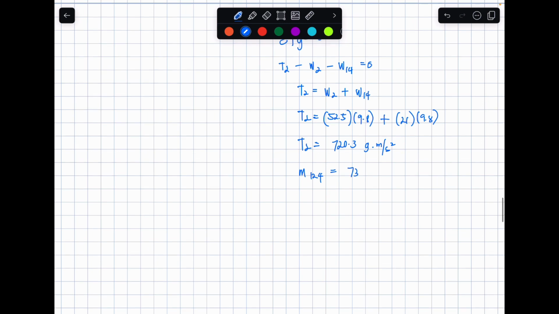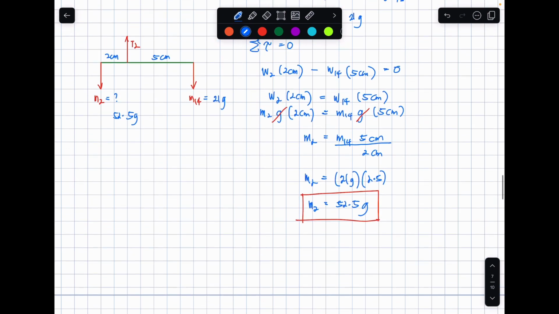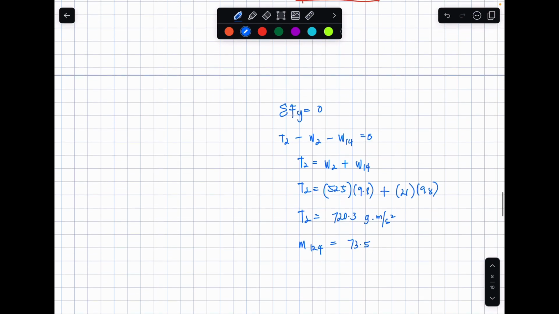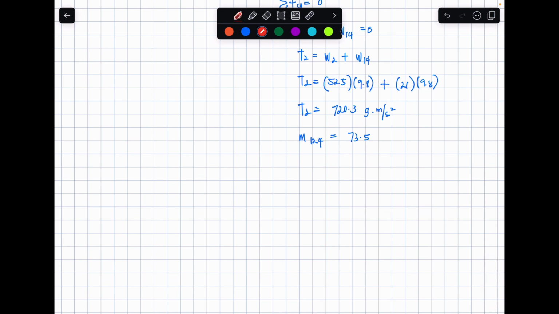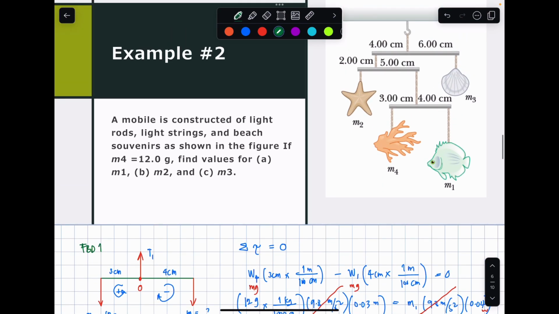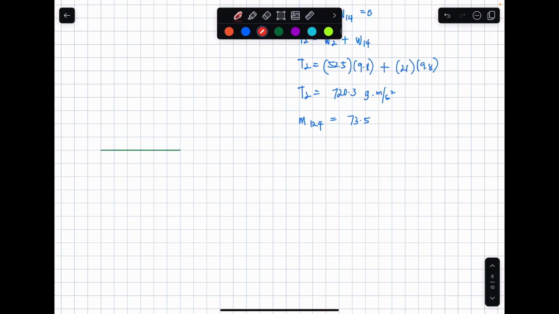So that is 73.5. So the mass 1 to 4 is 73.5 grams.